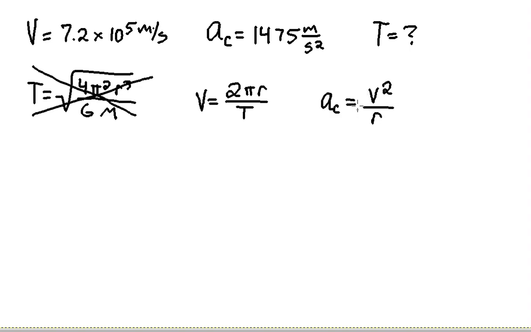All right, so how can we combine these two? We've already done this once. We're looking for t. So I think what we should do first is just solve for t using this equation.